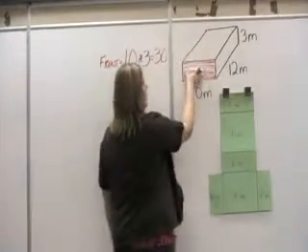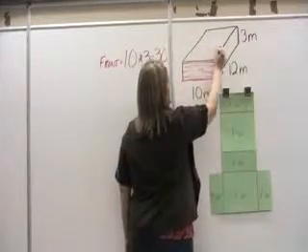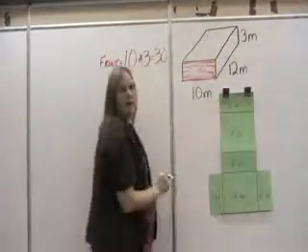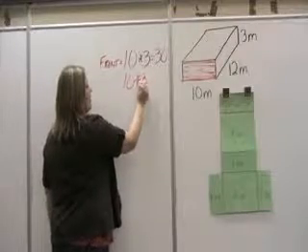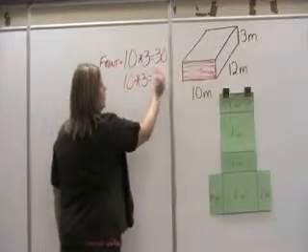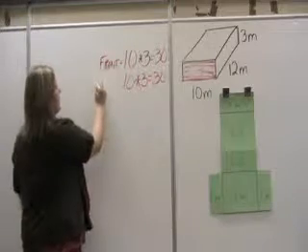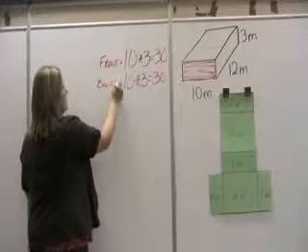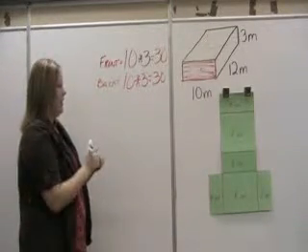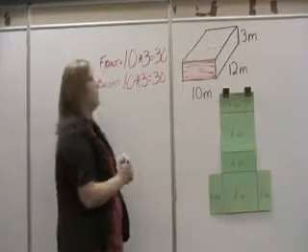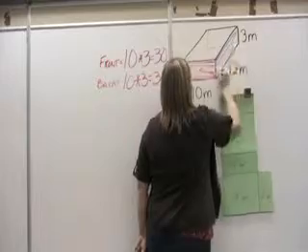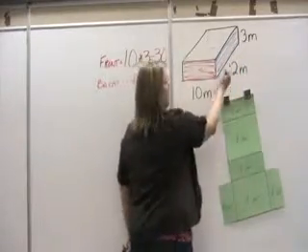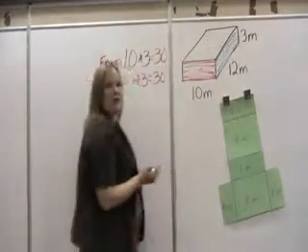Now if I have a front, the back is going to be the exact same. So the back would also be a 10 by 3, which is 30 meters squared. Next, I look at the sides, and the side of my prism is a 12 by 3 rectangle.